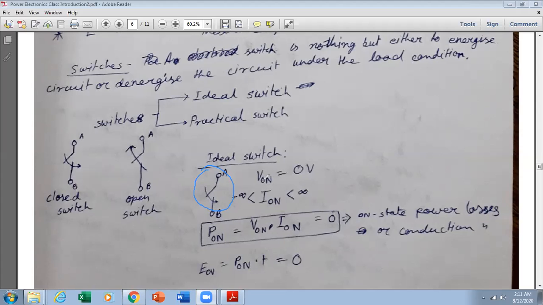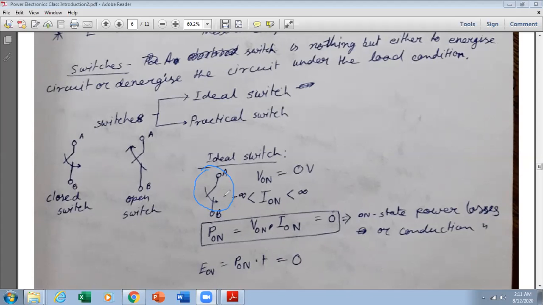So when the switch is closed, V on is considered and that is equal to 0, and the current is known as I on, which is infinity.